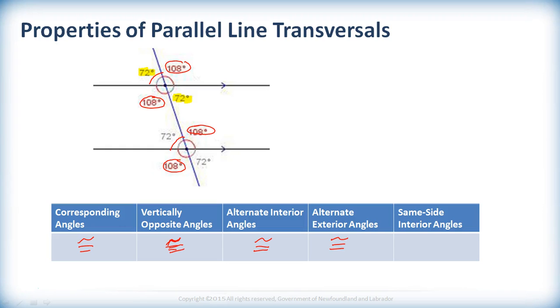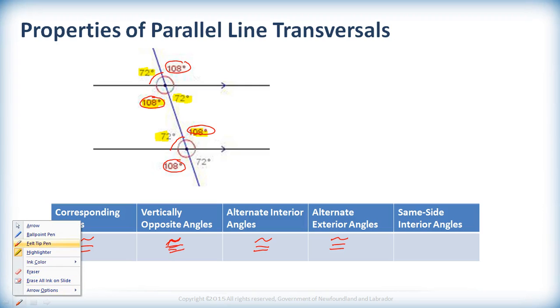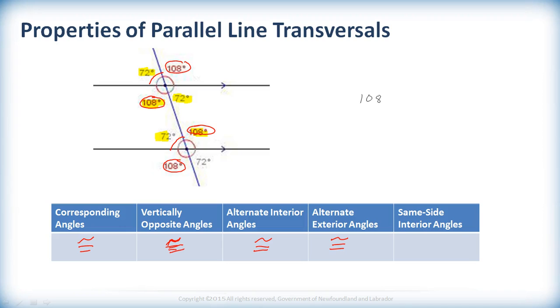Same side interior angles, however, if I stay on the same side of the transversal, like this 108 and this 72, or this 72 and this 108, those are not congruent angles, but 108 plus 72 as an example here, you'll notice that that adds up to 180 degrees.